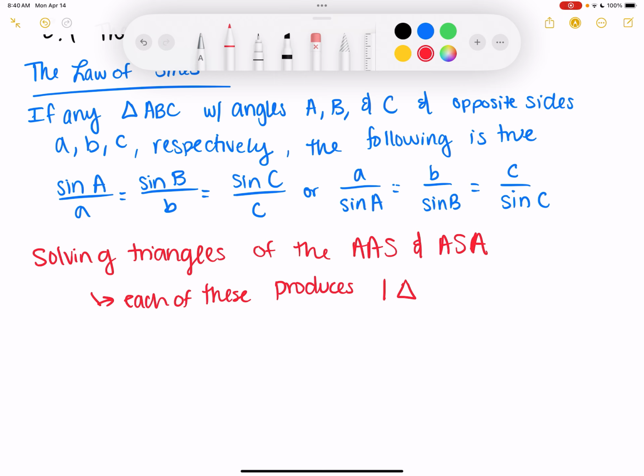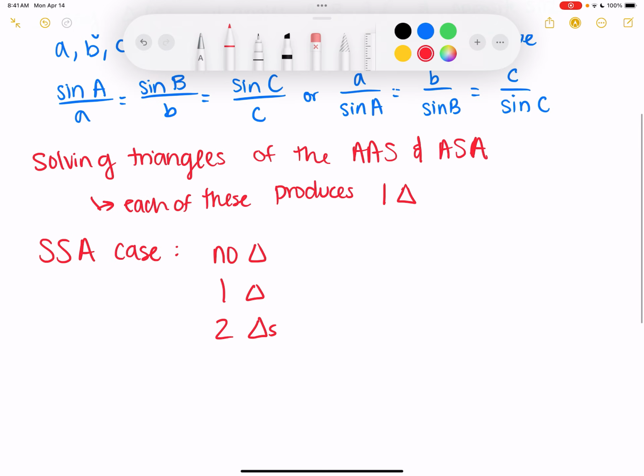And so if we have the side-side angle case, this can produce no triangle, one triangle, or two triangles. No triangle, wonderful. One triangle, still easy.